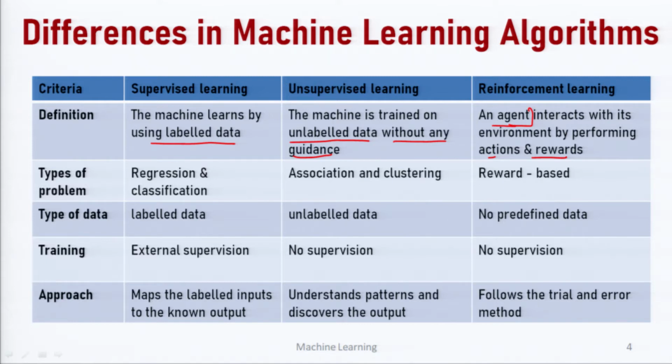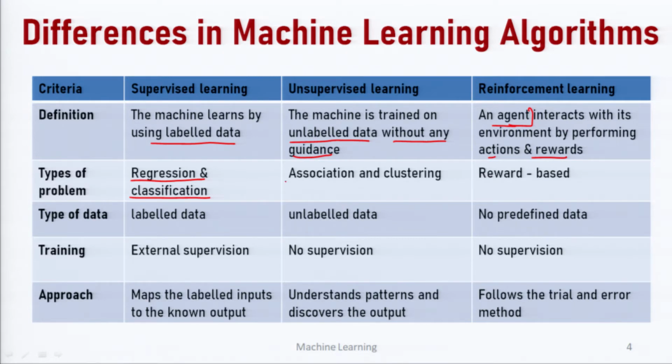Now, based on the second criteria, that is type of problem, all the regression and classification kinds of problems can be solved by the supervised machine learning algorithms, which we have discussed in the earlier slide.